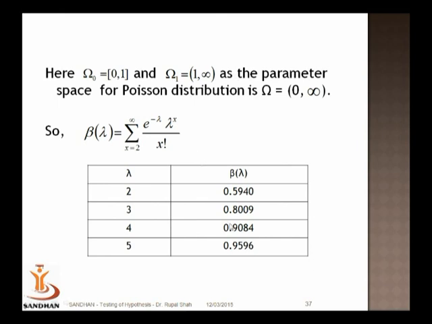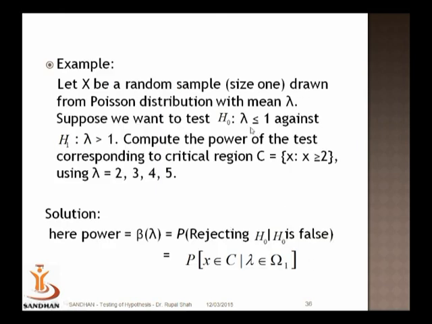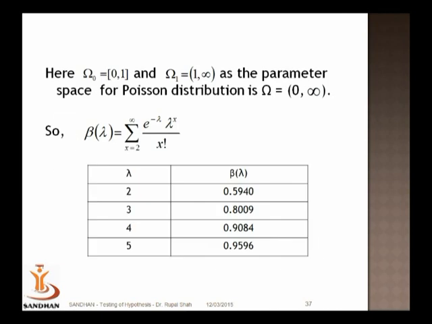Omega 1 is 1 to infinity, because looking at the hypothesis, H0 is lambda less than or equal to 1. In a Poisson distribution, the probability mass function is e raised to minus lambda, lambda power x upon x factorial, where the values of x are greater than or equal to 0. That means x takes values 0, 1, 2 up to infinity, a countably infinite sample space, and the parameter lambda will assume any value greater than 0. So the parameter space is 0 to infinity.